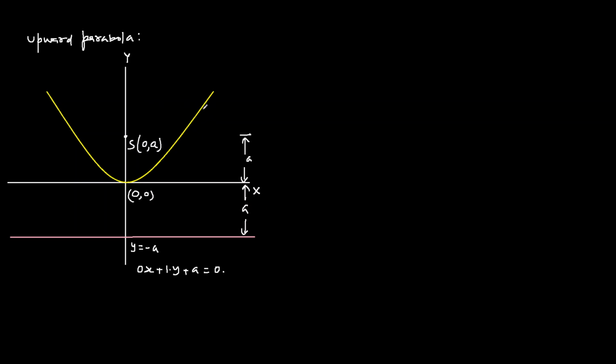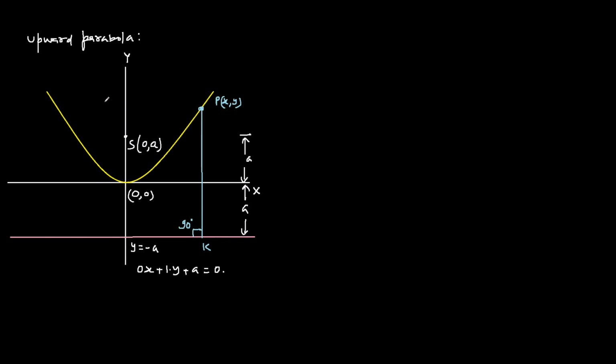You can take anywhere. Suppose this is point P, any point on this parabola, x comma y, and the perpendicular distance of this point P from the directrix is PK. So this point is K, and this line is making an angle of 90 degrees with the directrix.